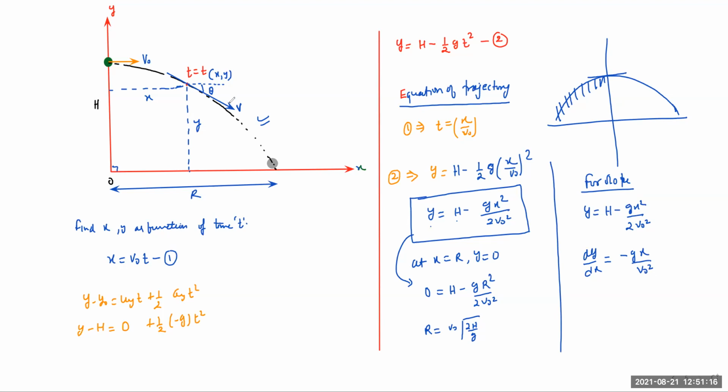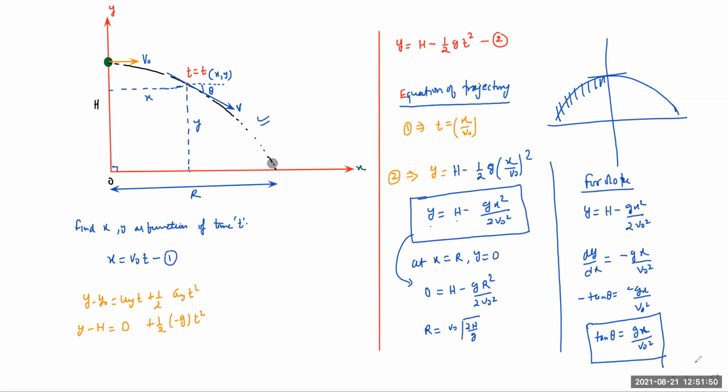And because I am representing theta below the x-axis, slope is written as minus tan theta equals minus g x upon v naught square. So you can also write the formula tan theta equals g x upon v naught square. They may ask you a question like find the slope at a distance x, like how much the velocity vector makes an angle with horizontal when it is x away. You can solve like this also.